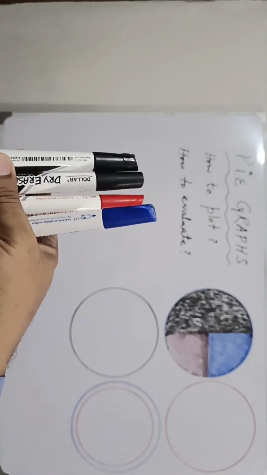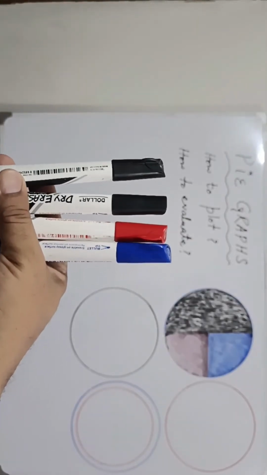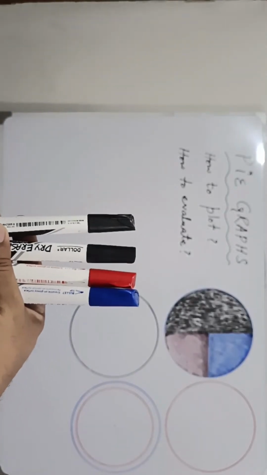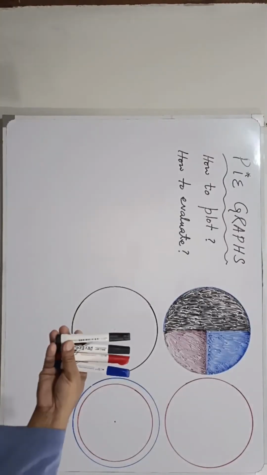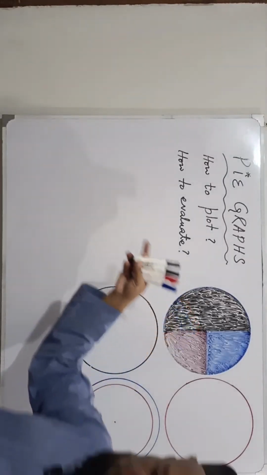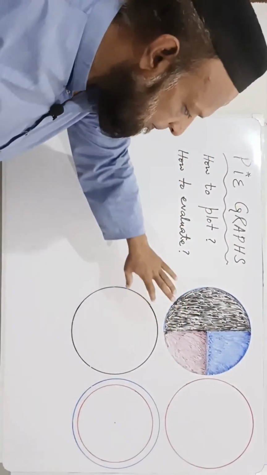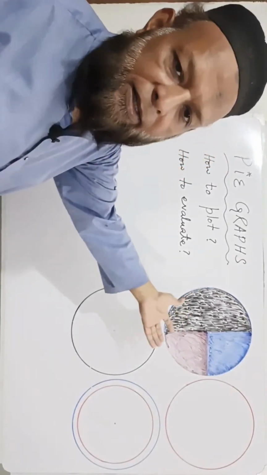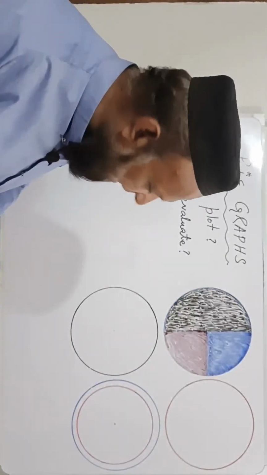So the share of the black marker is double the share of the red and the blue. As a result, in the graph, we have given a double share to the black one and a single share to the blue and the red.